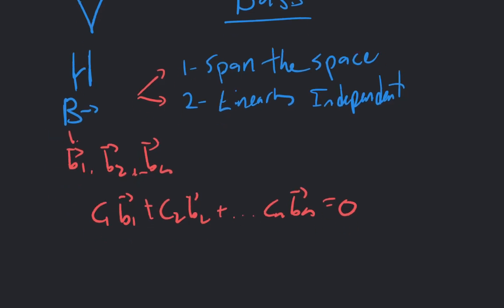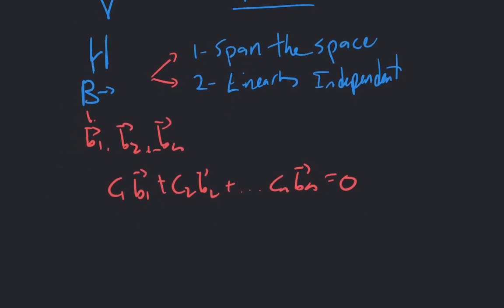Remember, this is only linearly independent if C1, C2, all the way to Cn are equal to 0, because that's the only way for us to get the 0 vector.